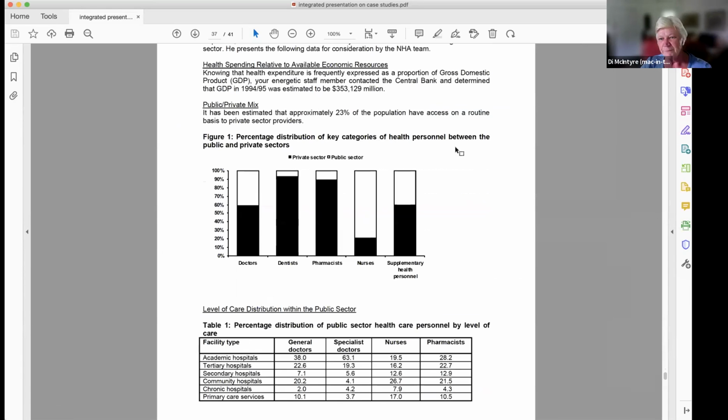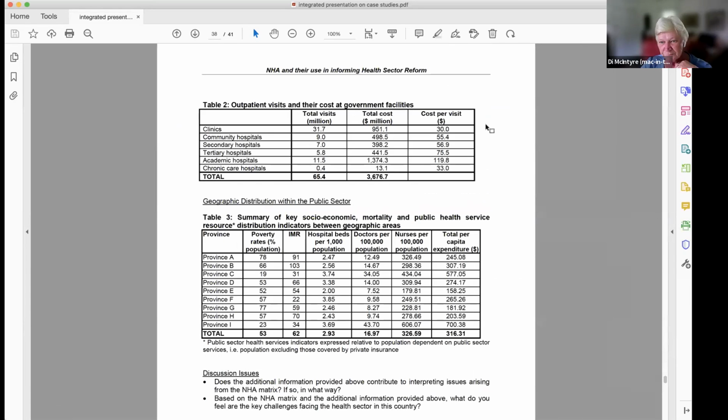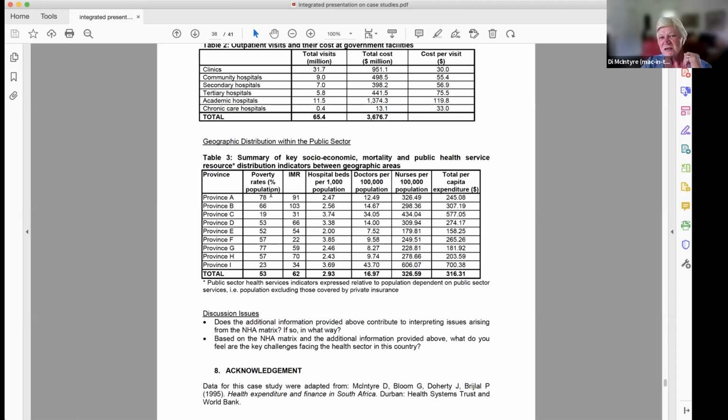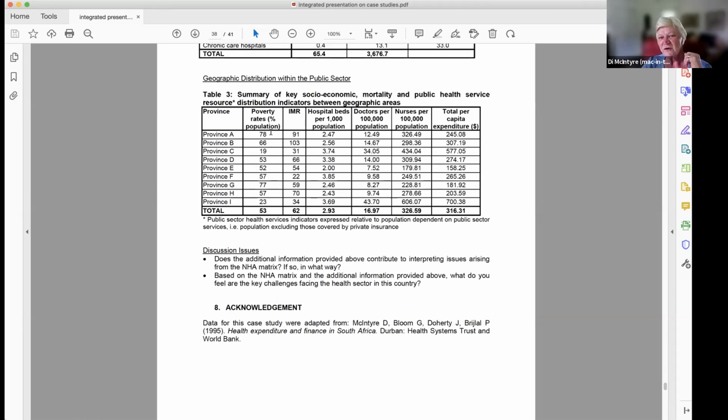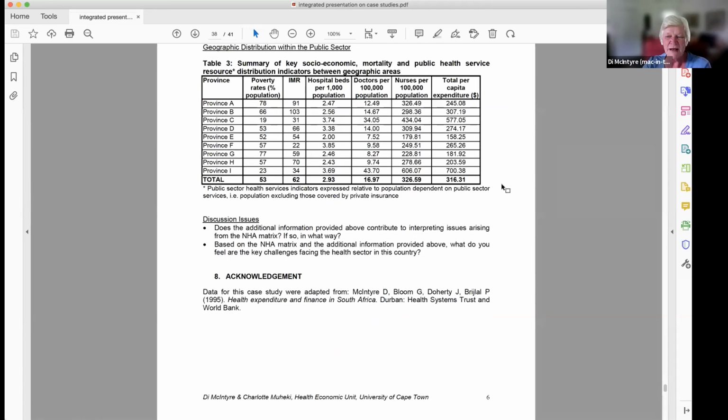Also some information on the cost per visit at different levels of care for outpatient visits. Also information about geographic distribution, so it gives you some information about the different geographic areas, and as one expects, those that often have the highest poverty rates have the lowest per capita expenditure, etc. Anyway, some more discussion issues there.